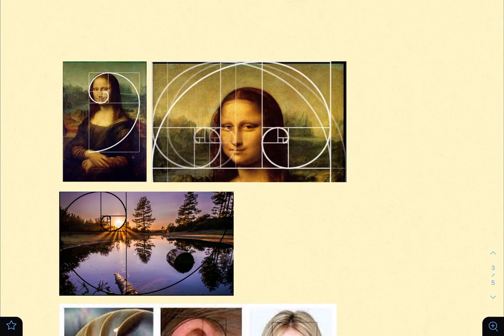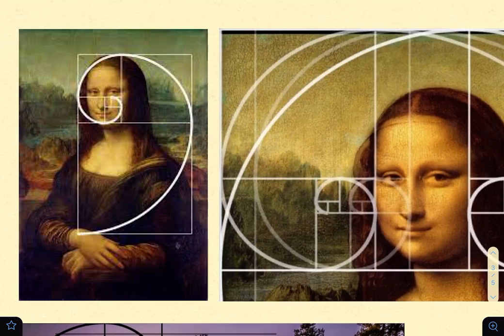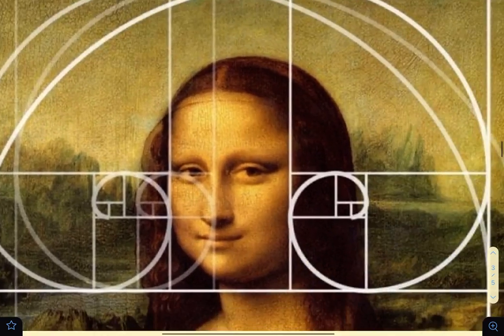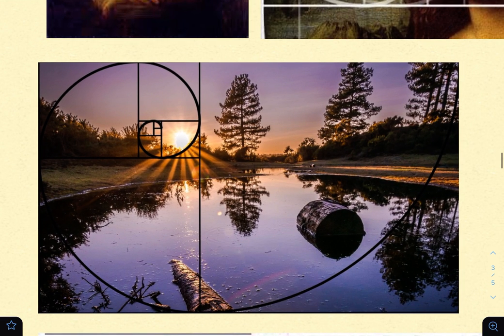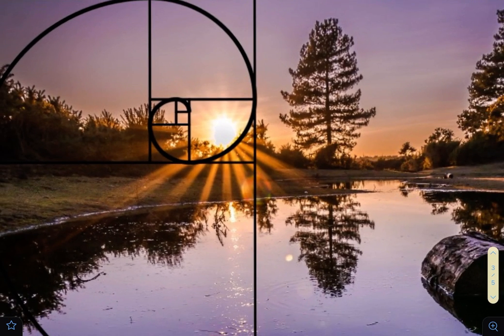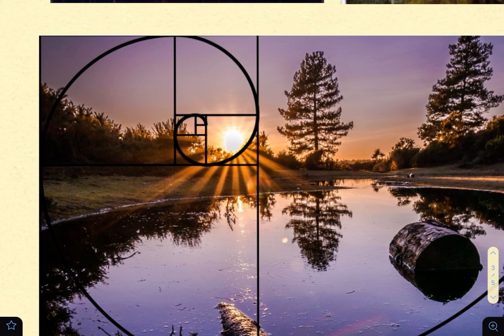The famous painting, the Mona Lisa, it's super famous, and it uses the golden ratio for proportions. As you can see, this image can also be divided into equal parts, this proportion, the spiral that it's created. Each part is approximately 1.618 times bigger.